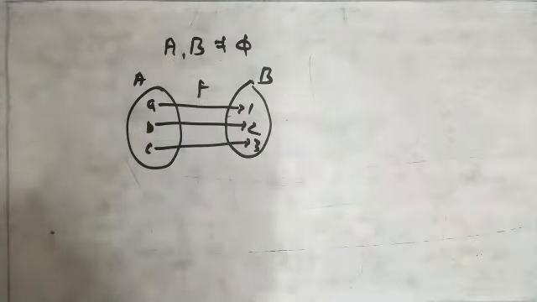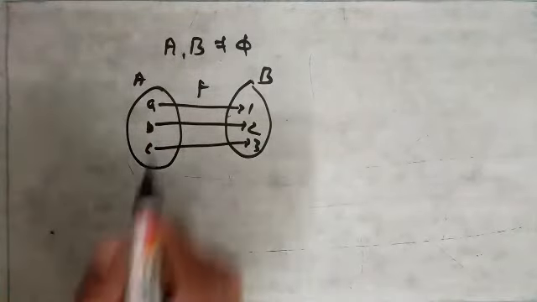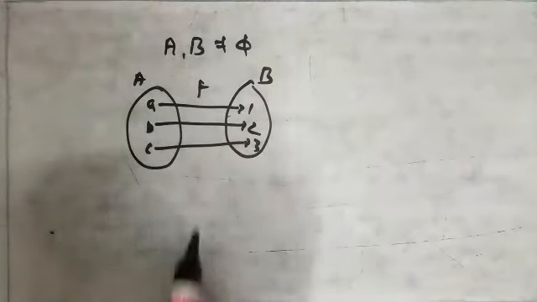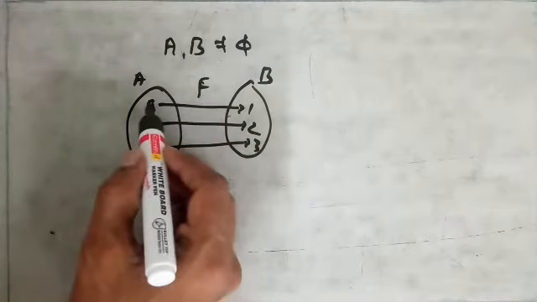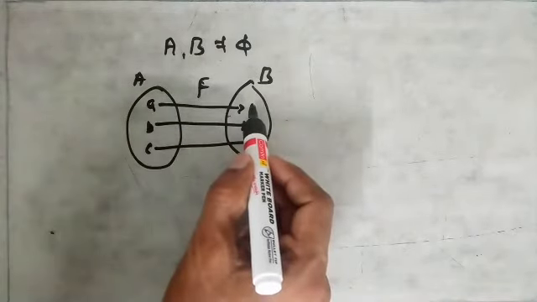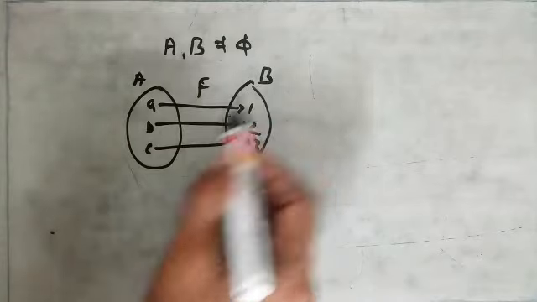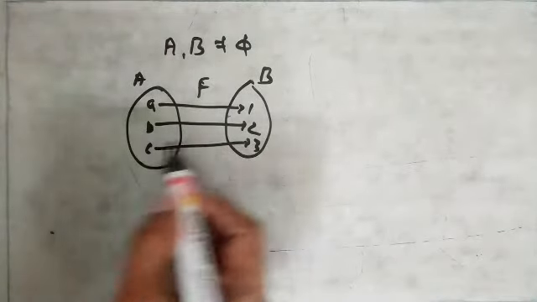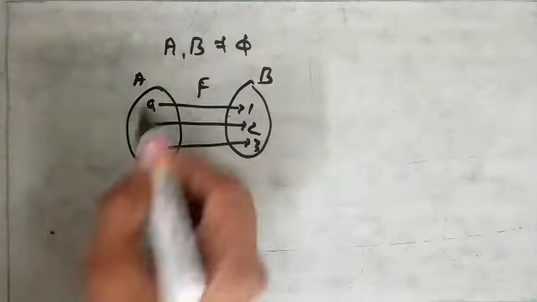Clear? So this relation F, A to B, is said to be a function. This relation associates A with a unique element 1 of B, similarly B with 2, C with 3. So this is a function.